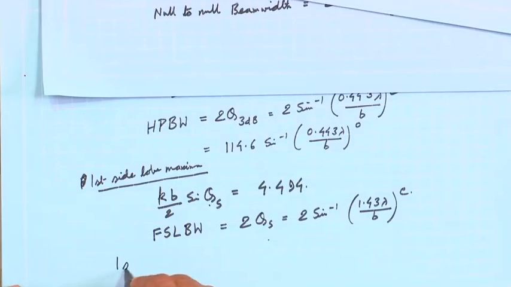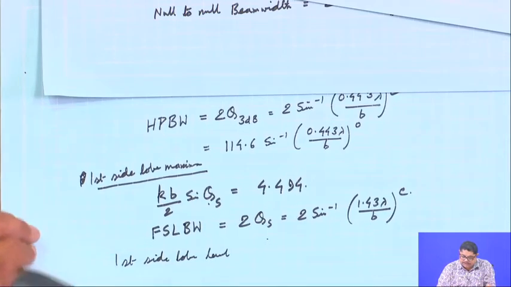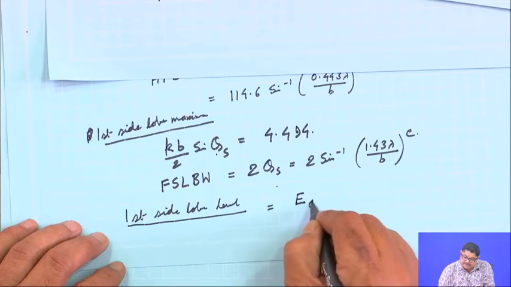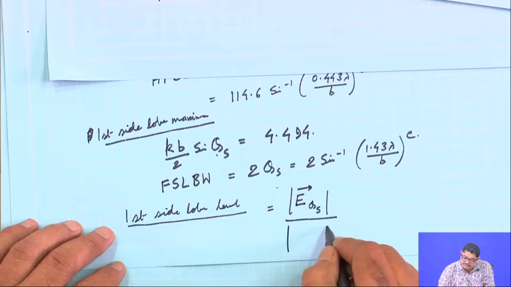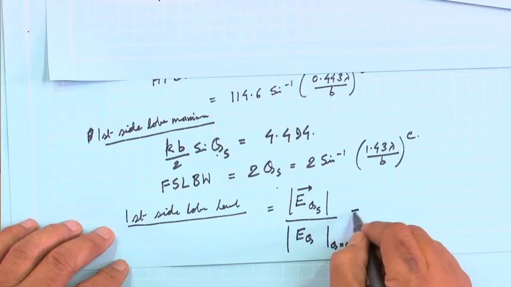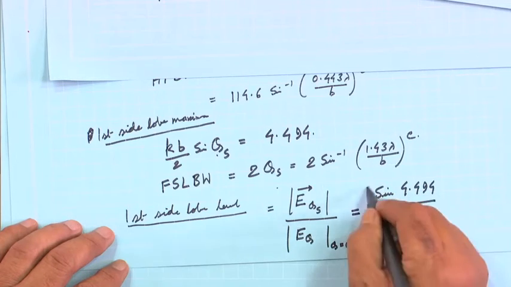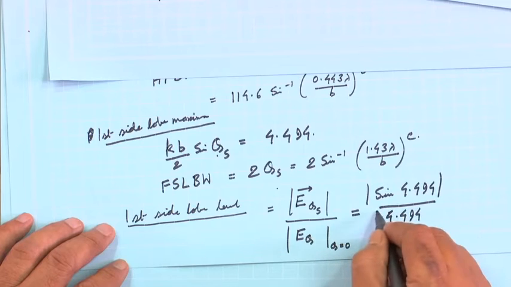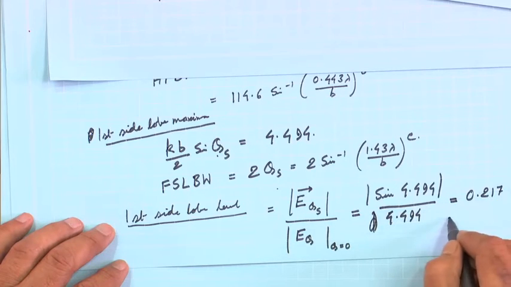The first side lobe level will be the magnitude of E theta s by the magnitude of E at theta equal to 0, which is sine of 4.494 divided by 4.494. That is 0.217.